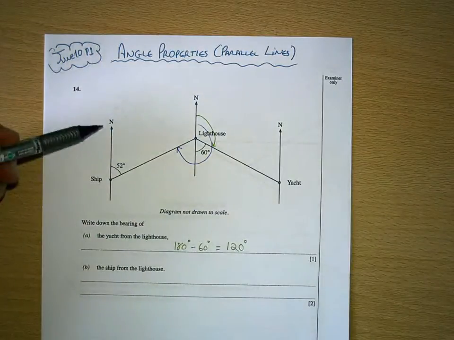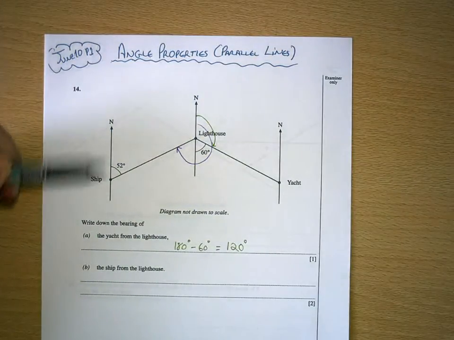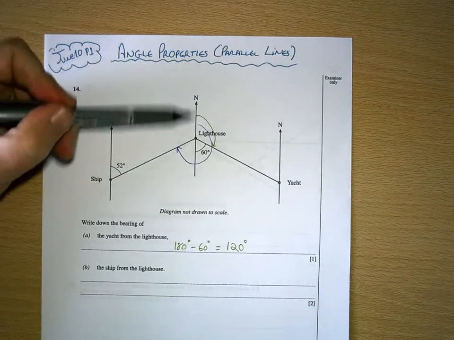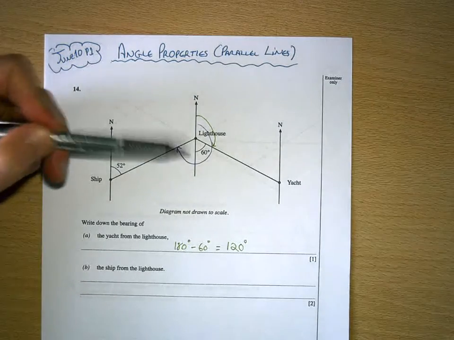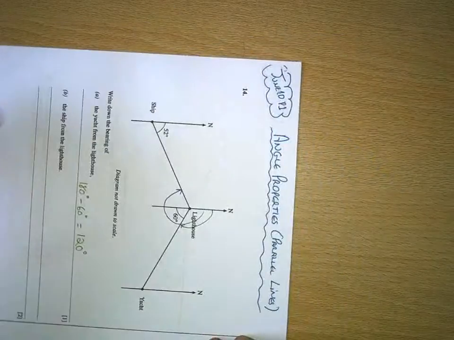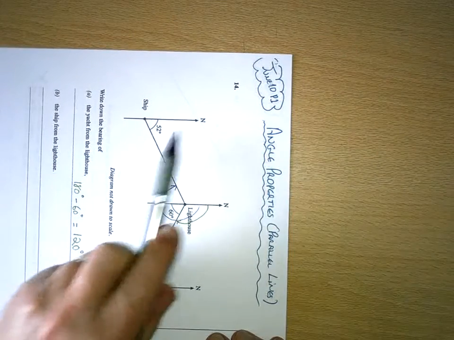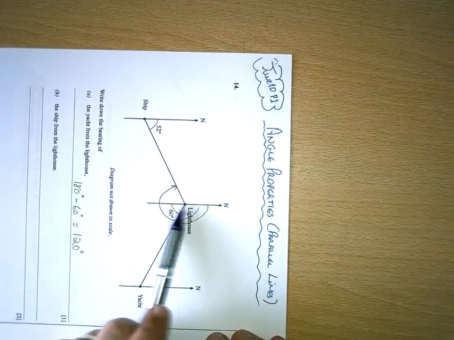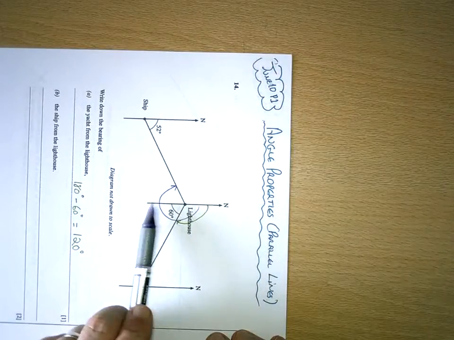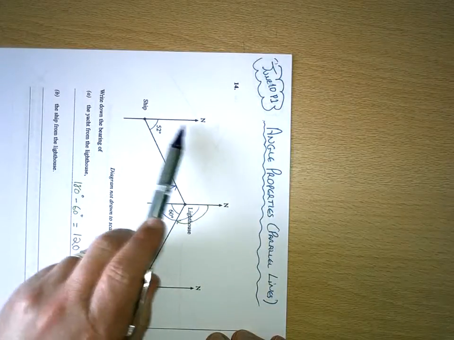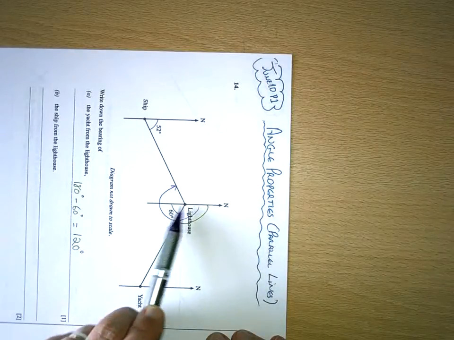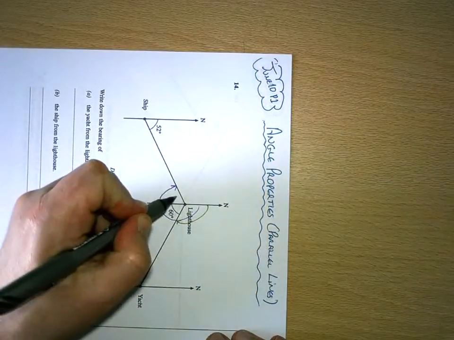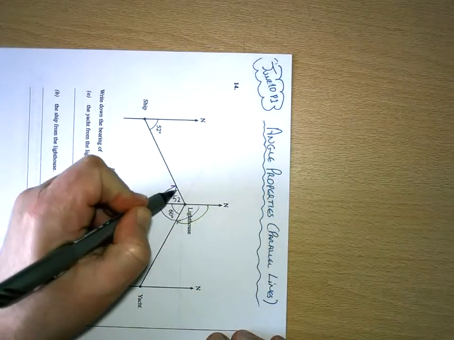As I said, north-south lines are parallel, so this north-south line here and this north-south line here are parallel. Perhaps if I turn the page that way around, you'll be able to see a little bit more clearly that we have an alternate angle there, the Z angle as we know it. So that angle there is 52 degrees, where it forms the Z with this here, that is also 52 degrees.